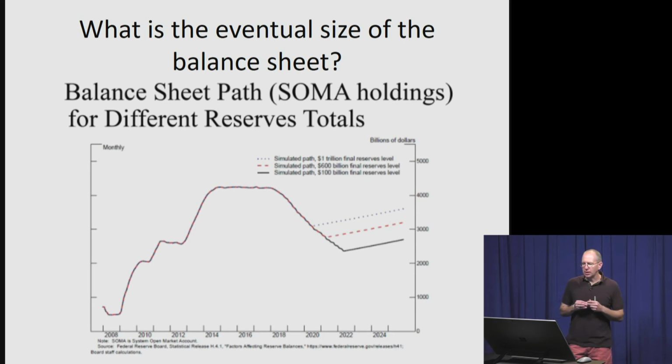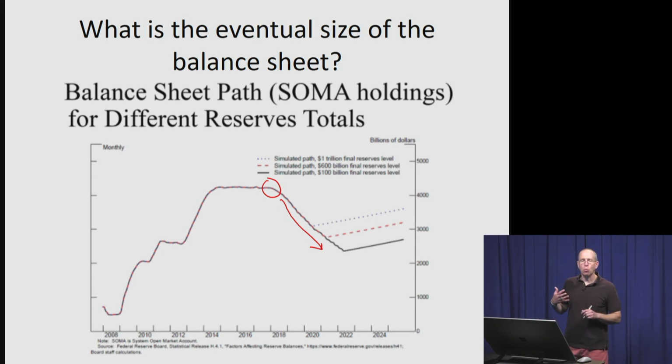And what we can do here is look at a chart from a recent speech by Governor Jerome Powell, and this is charting a possible path of the size of the Fed's balance sheet over time. So you can see right here that it starts from the approximate $4.5 trillion value, and as the balance sheet shrinks over time, it declines roughly over the next 4 years.